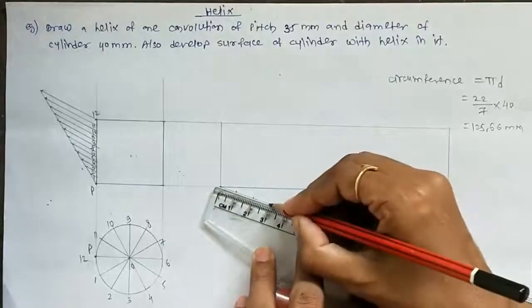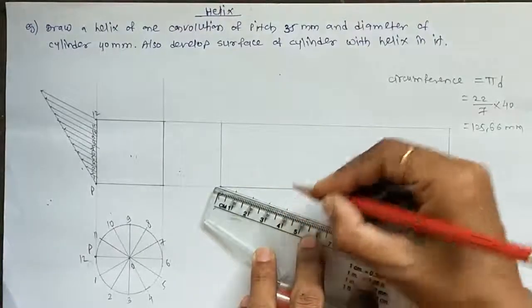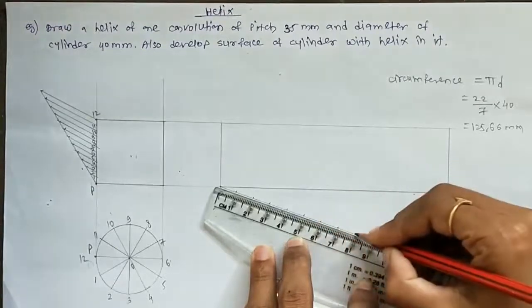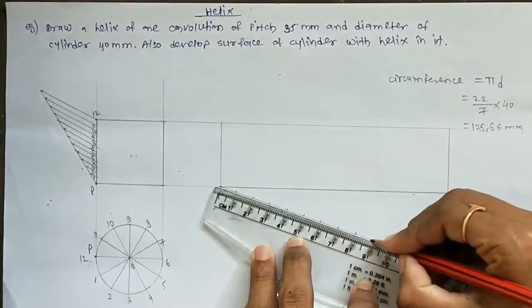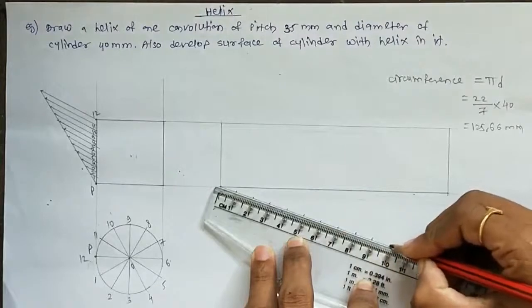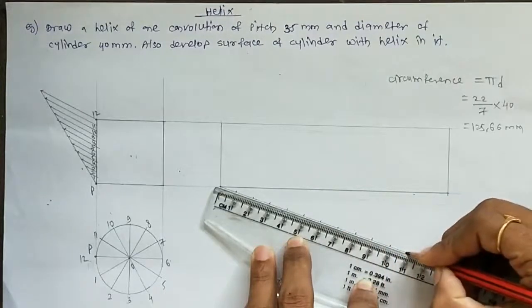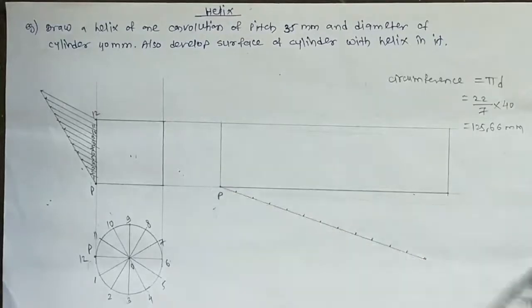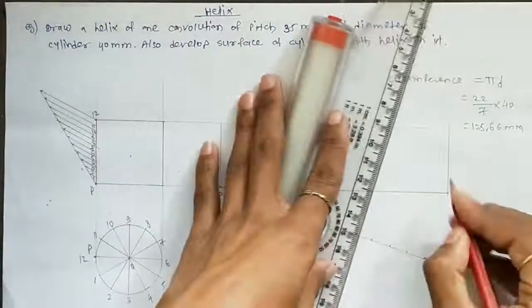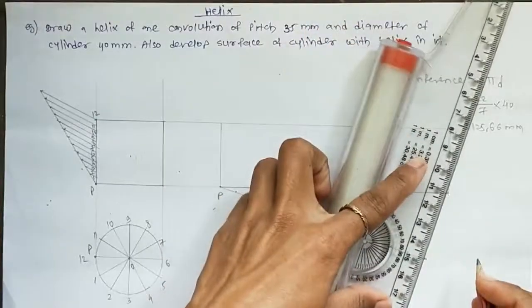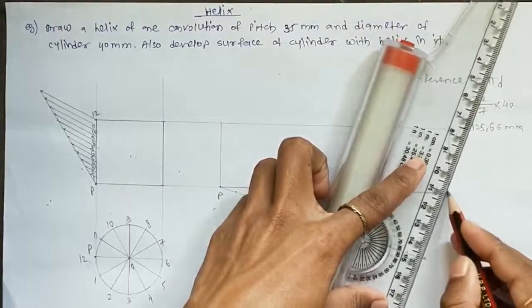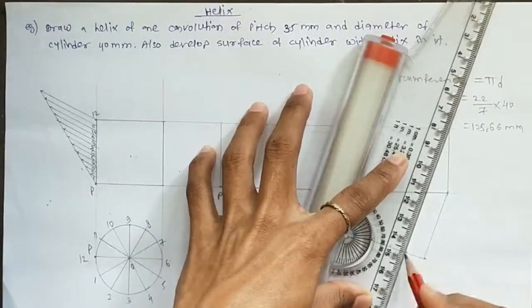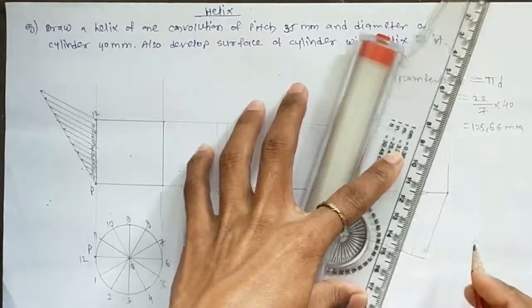So 10, 20, 30, 40, 50, 60, 70, 80, 90, 100, 110 and 120. Now join this last point to this point and take parallel line from various points.